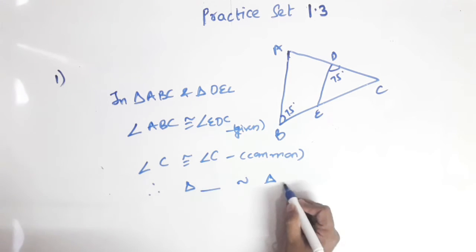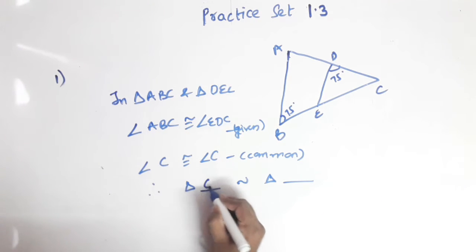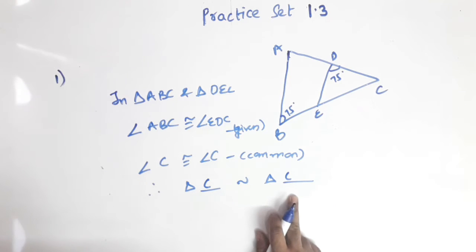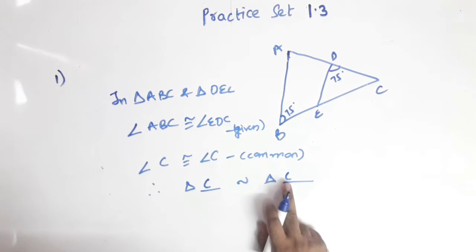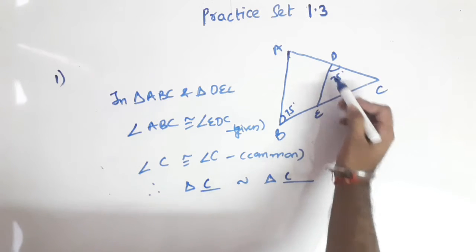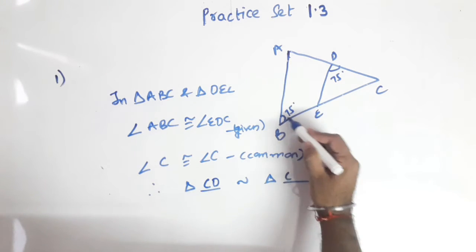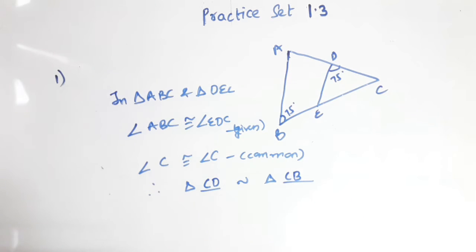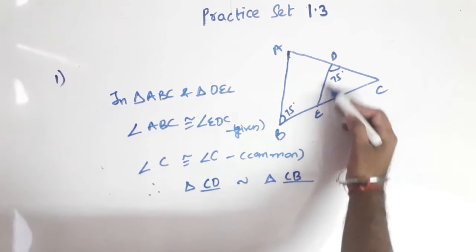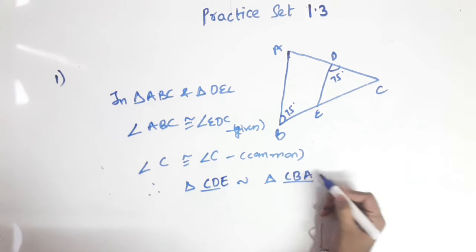Therefore I can write triangle similar to triangle. Now writing these three is very important. How to write them? Because C is the common angle, the first letter is C. Then the second letter, the 75 degree angle. Here in the smaller triangle 75 degree comes here, D. So in the bigger triangle the 75 degree comes here, B. So what remains in the smaller triangle is E and here A remains.